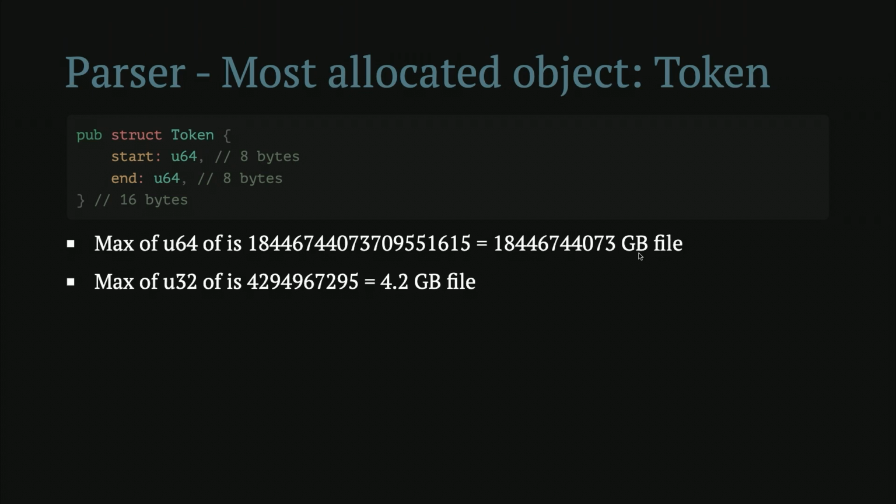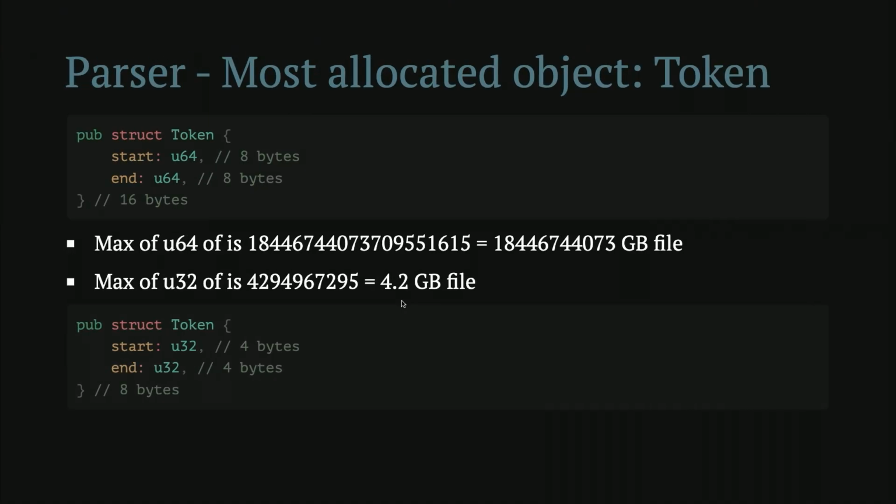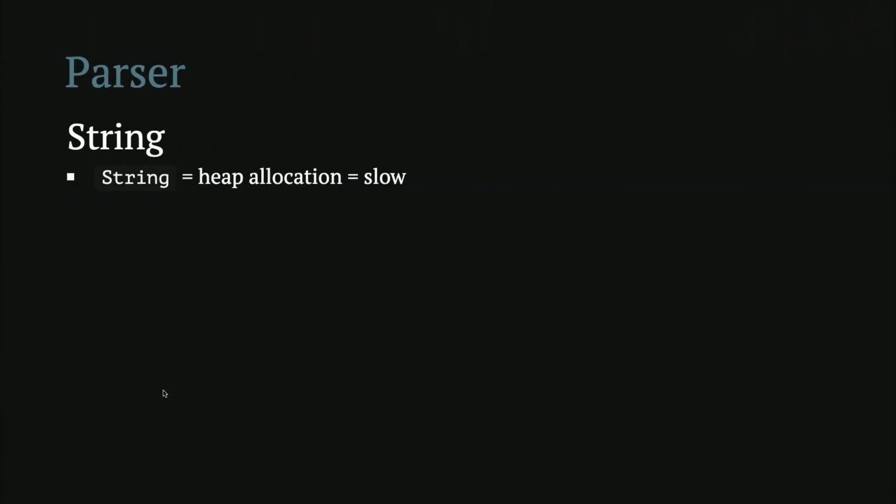So you can reduce these u64 to u32, which halves the memory usage. That'll be a 4.2 gigabyte file, which is almost all the programs you can write. It's still a big program. With this reduction, you end up with 8 bytes, and you reduce your memory usage by 0.5%. And this optimization improved the performance of Oxc by 10%. And the next thing is strings in normal programs.